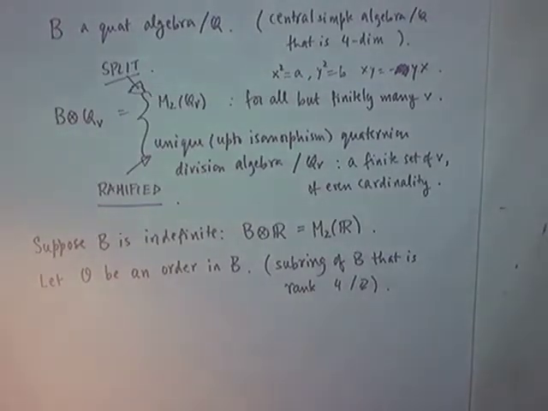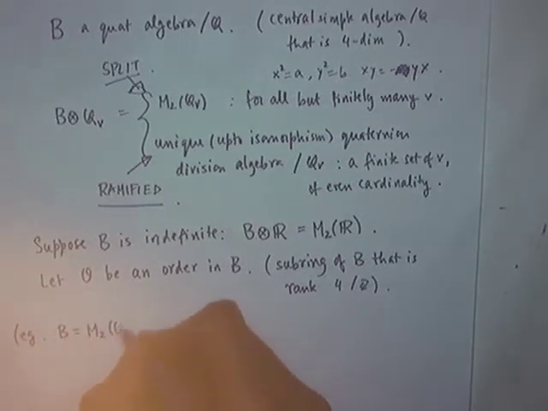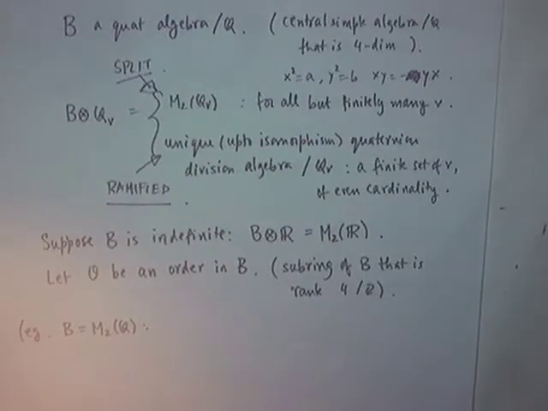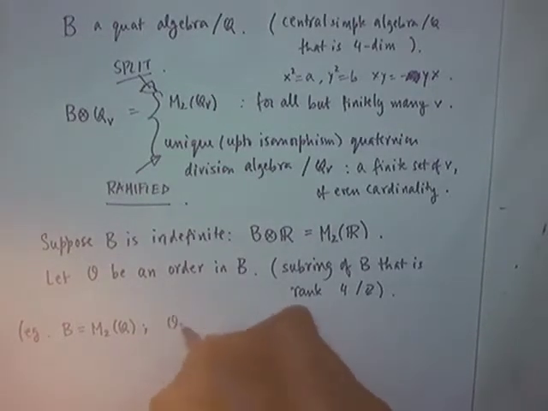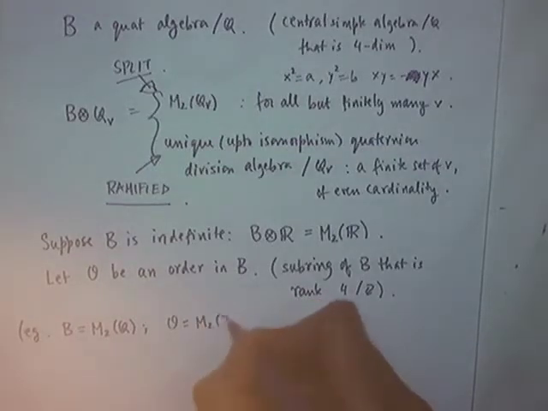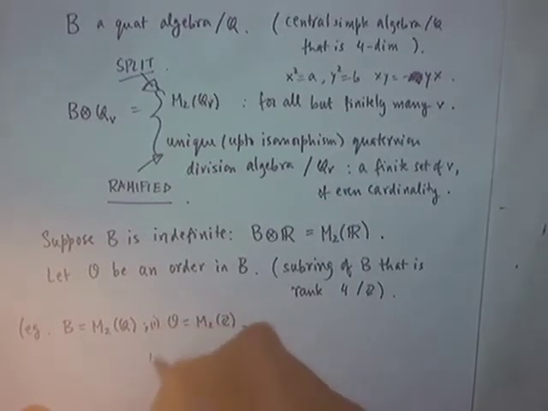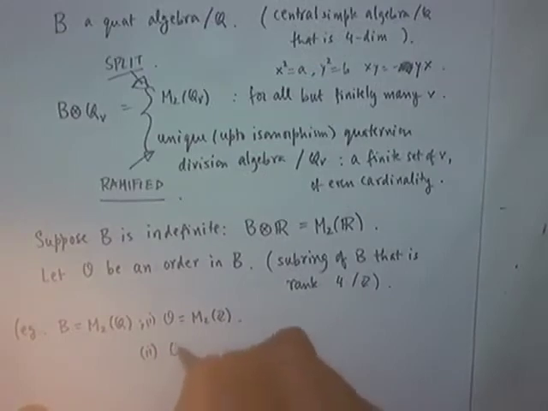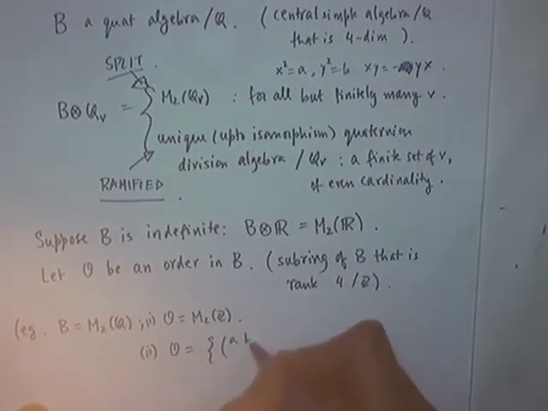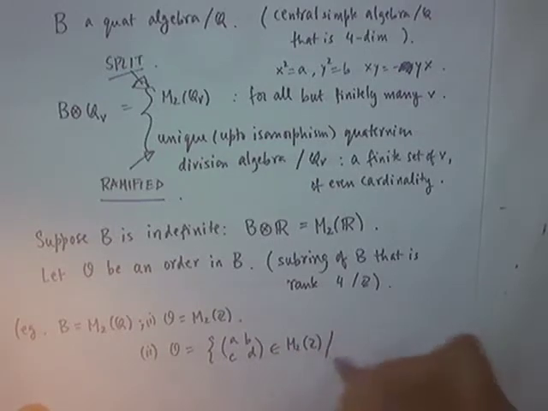So, for example, B could be the matrix algebra, and O could be the order M2 of Z. That's an order, that's one example. Or you could take this integer n that we had before, and you could take O to be the set of elements A, B, C, D in M2 of Z with the property that C is congruent to 0 mod n.